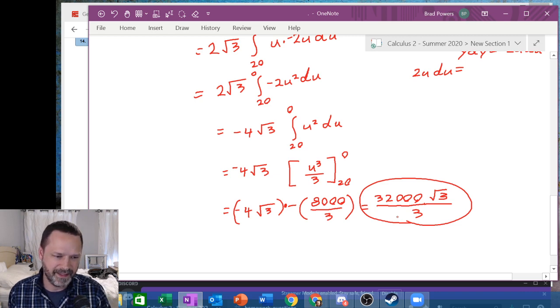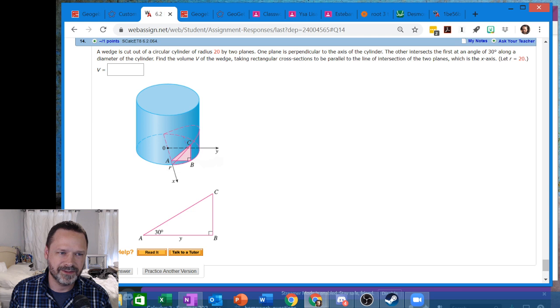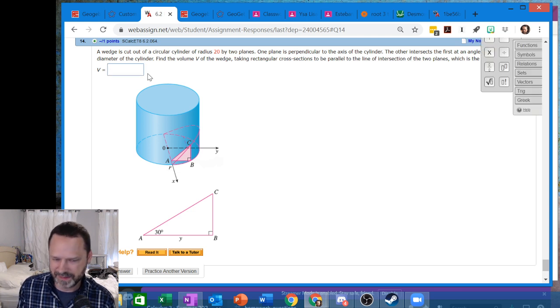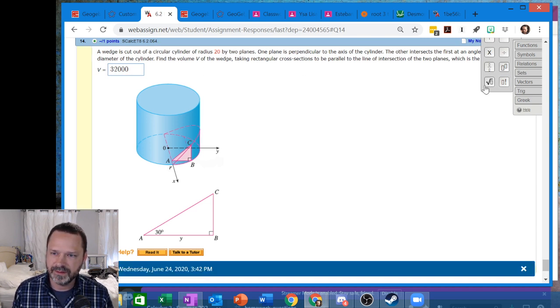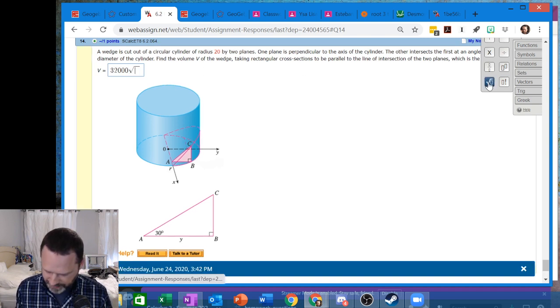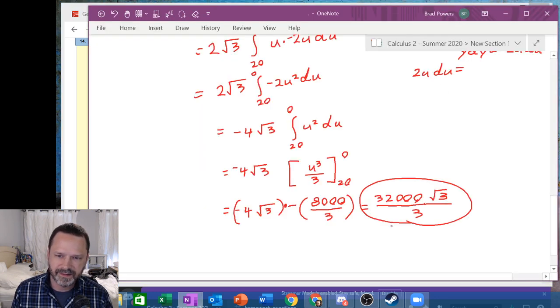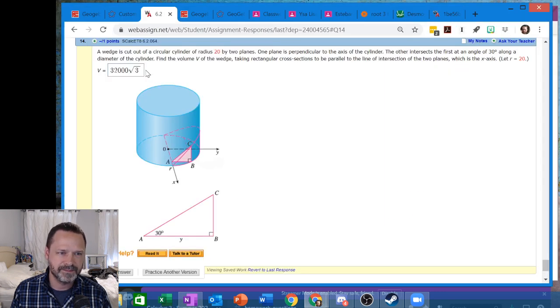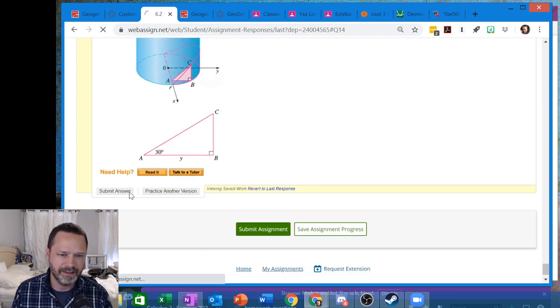Okay. And I'm sharing my screen, so here, let's take a look. Let's try it out. Hopefully we didn't make any whammies this time. 32,000 times root 3. Wait, was it times root 3? Let's go back. Root 3 over 3. All right, let's submit.